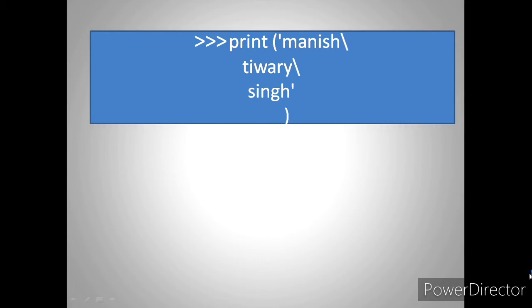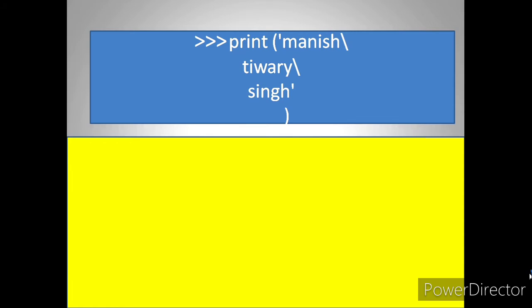But when you execute this statement in interactive mode, you will get the output Manish Tiwari, as the same statement is considered a single line statement. So you will get the same output.